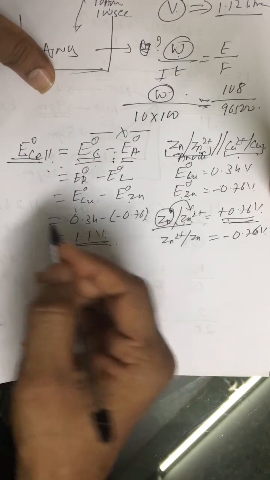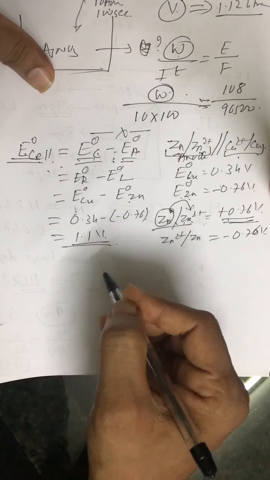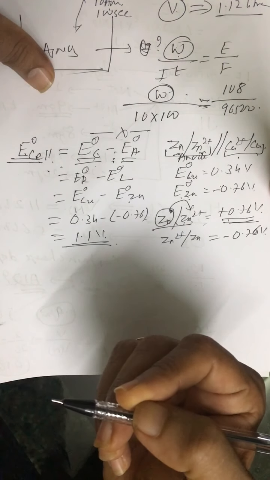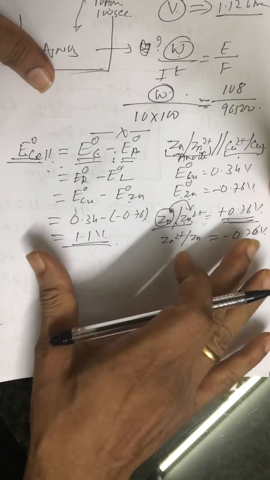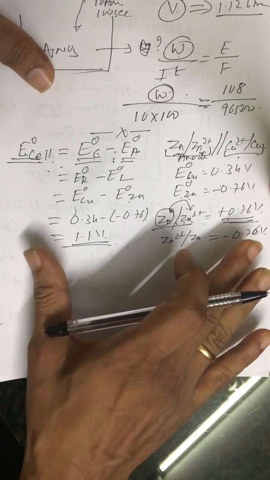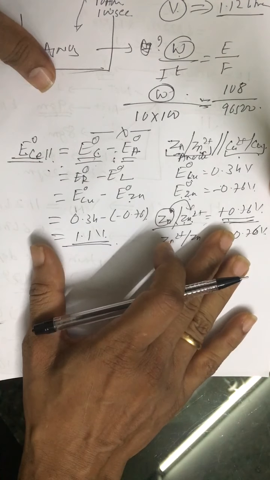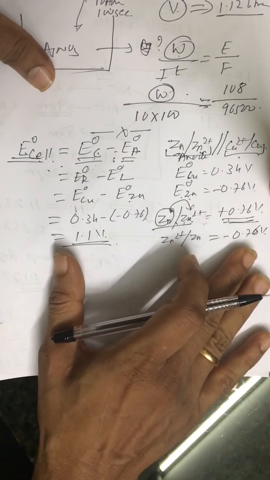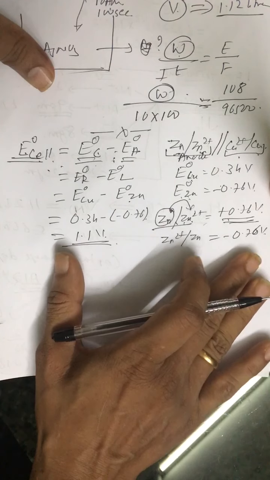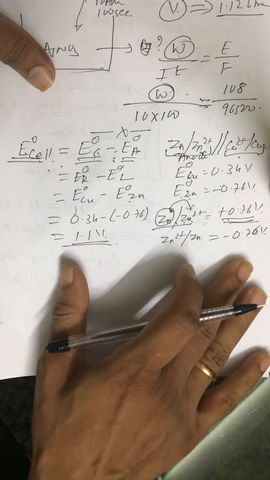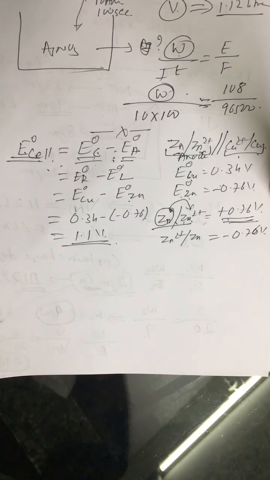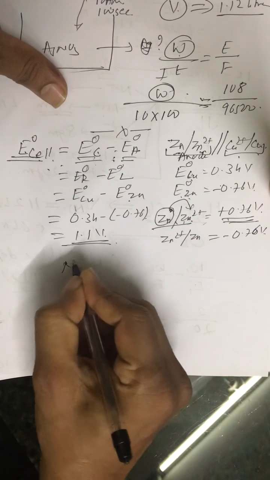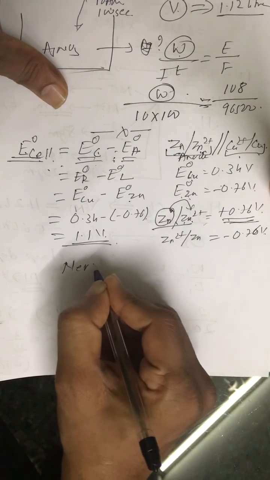All right. So now regarding the effect of temperature and concentration on EMF of a cell, this we will discuss in the coming section, that is called the Nernst equation.